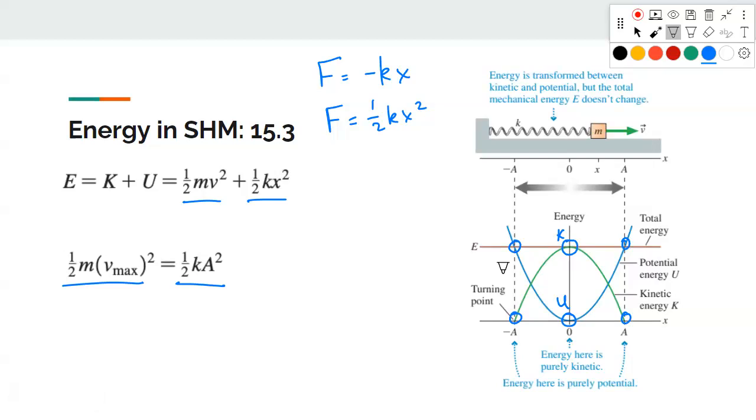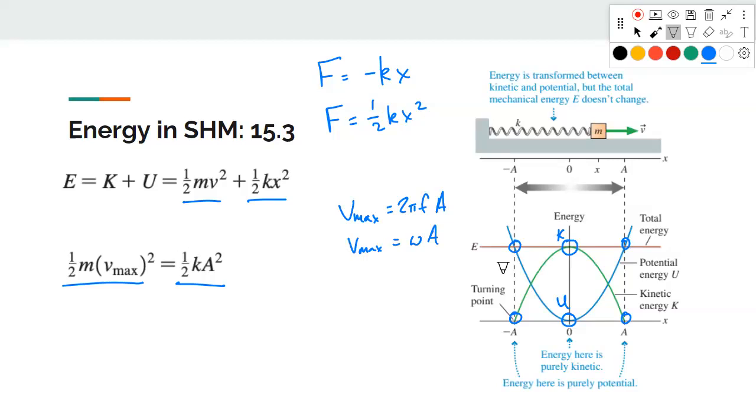At most points, it's going to be a combination of the two. But if we think about how much fluid we have in the kinetic one at maximum versus how much we have in the potential at maximum, that has to be the same. And this at first looks like it's a useless relationship, but remember, we have an equation for Vmax. We've already found that Vmax is 2 pi f a, or alternatively, we can write that as omega times a.